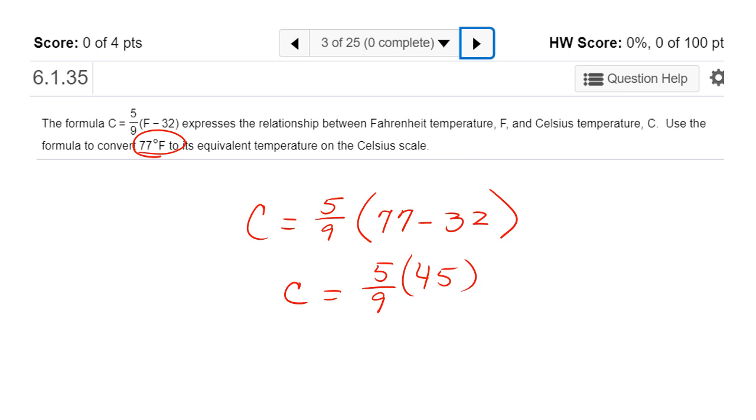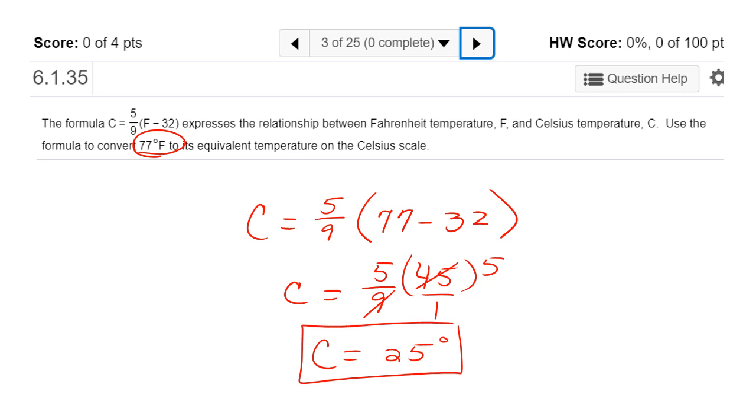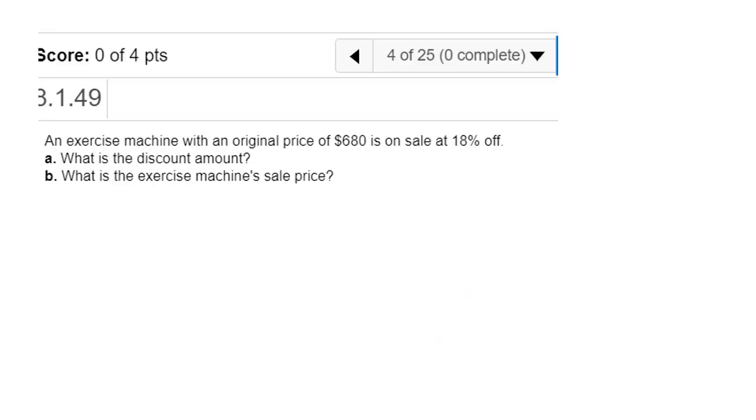Then multiply the fraction, and if you recall, the whole number 45 is 45 over 1. So I could cross cancel, and that will just give me 5 times 5 is 25 over 1, which is the same thing as 25. Temp is Celsius 25 degrees.